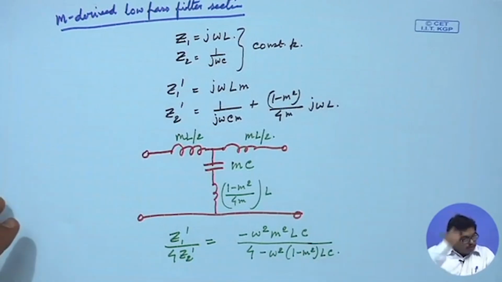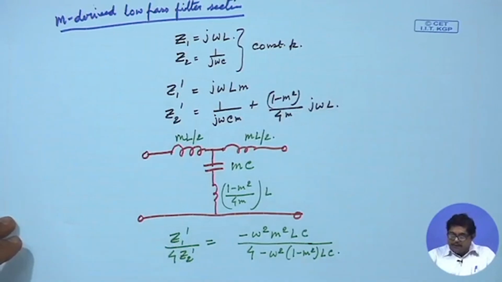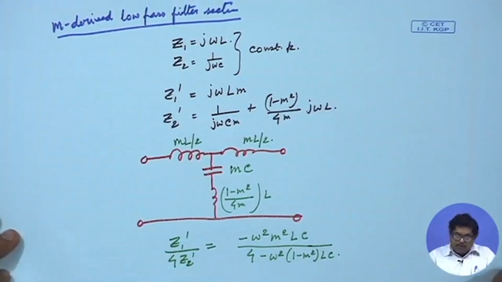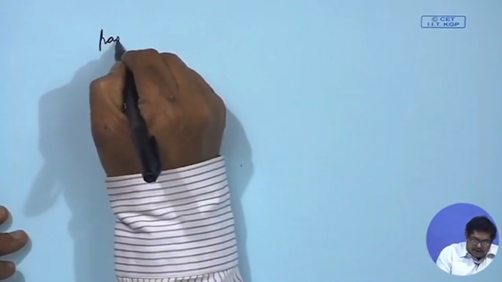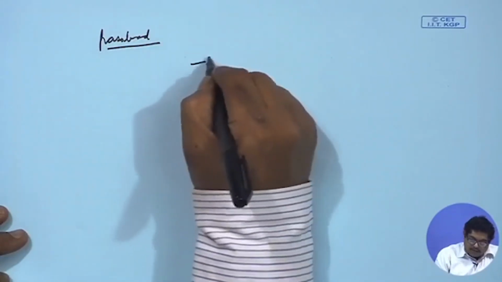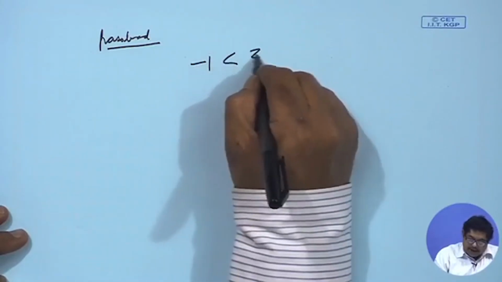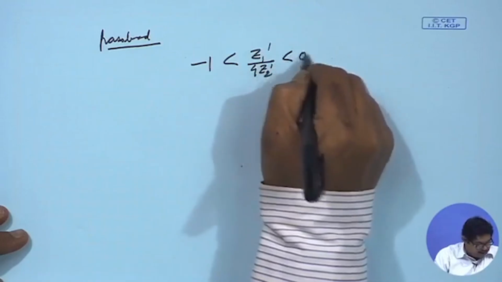Good. So, now once we have this term, we can enforce the pass band. We know that always in the image parameter method, the pass band is when minus 1 is less than Z1 dash by 4 Z2 dash is less than 0.